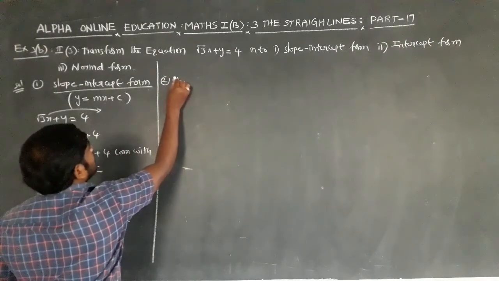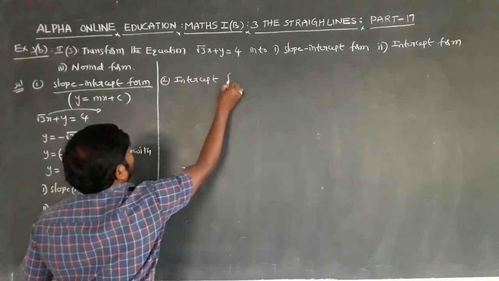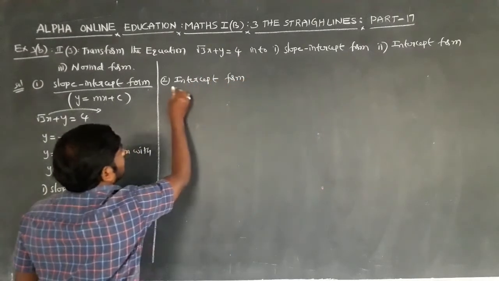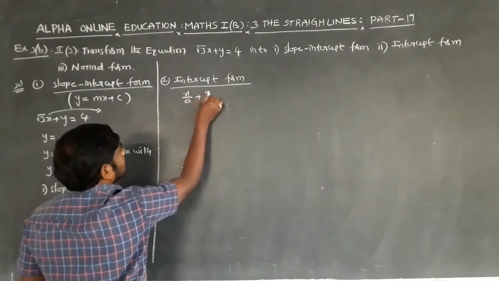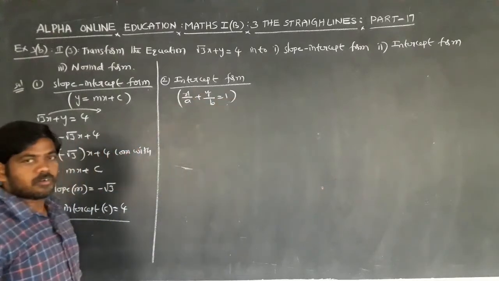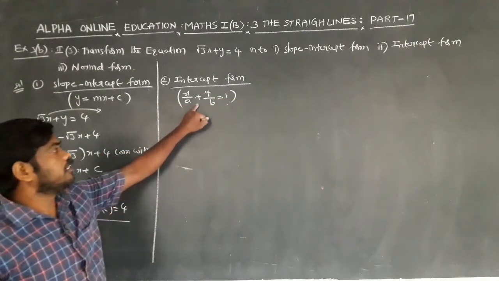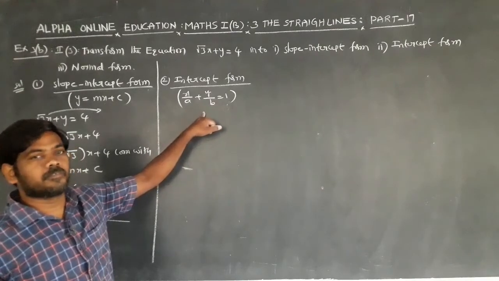Second one is the intercept form. x/a + y/b = 1 is the equation of the straight line in intercept form.